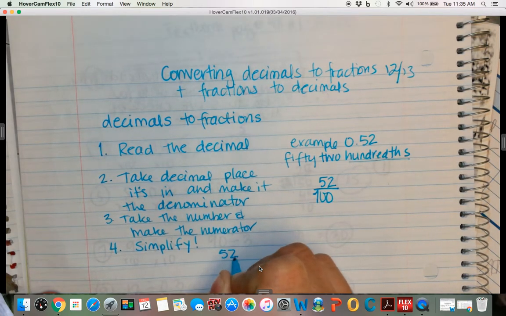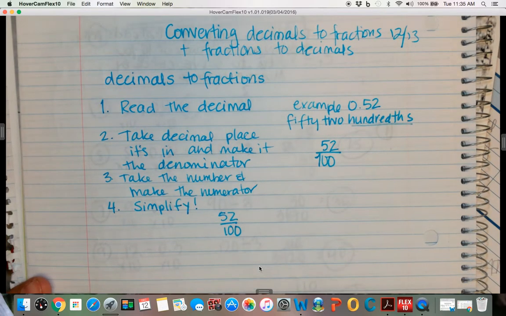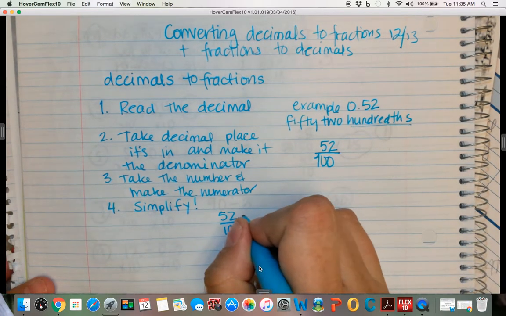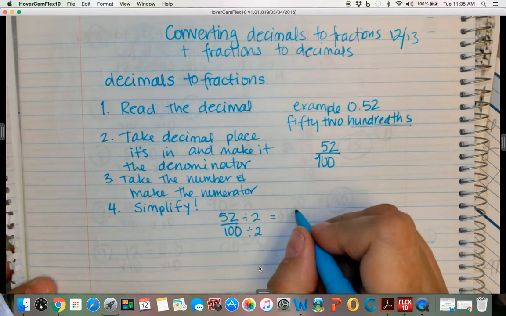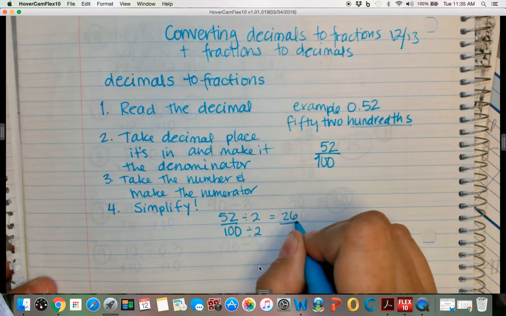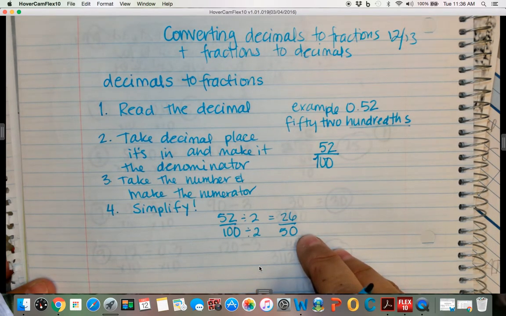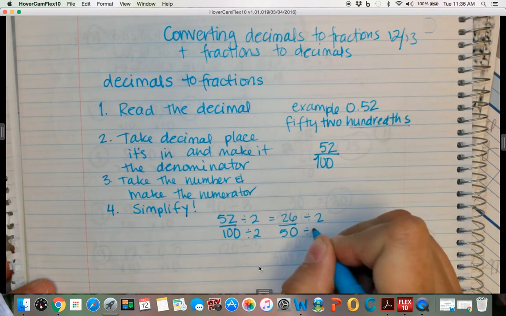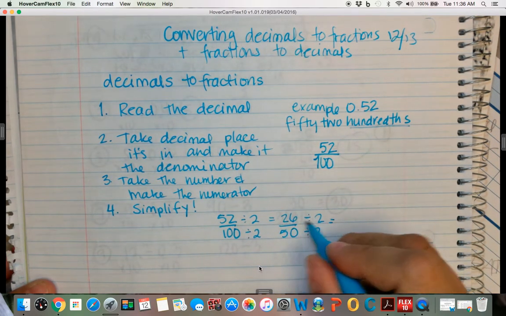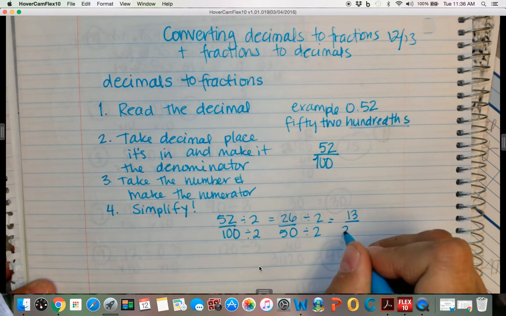So 52 over 100 can be simplified. First we'll divide by 2. And that equals 26 over 50. 26 and 50 are not yet simplest form. We can divide those both again by 2. 26 divided by 2 is 13. 50 divided by 2 is 25.